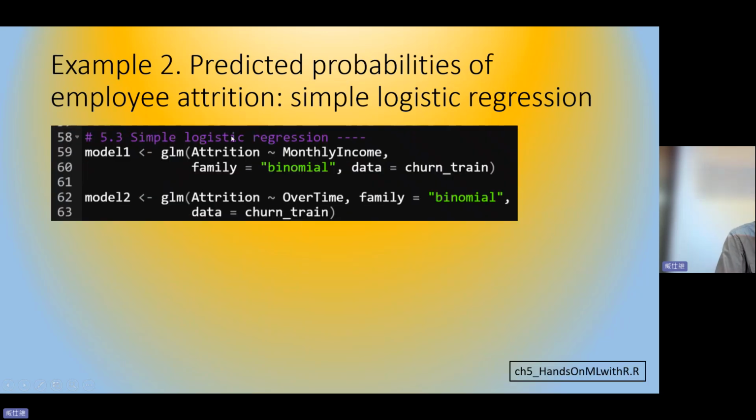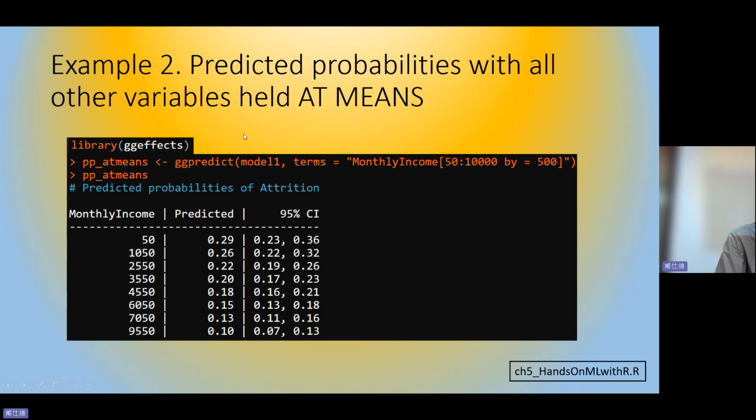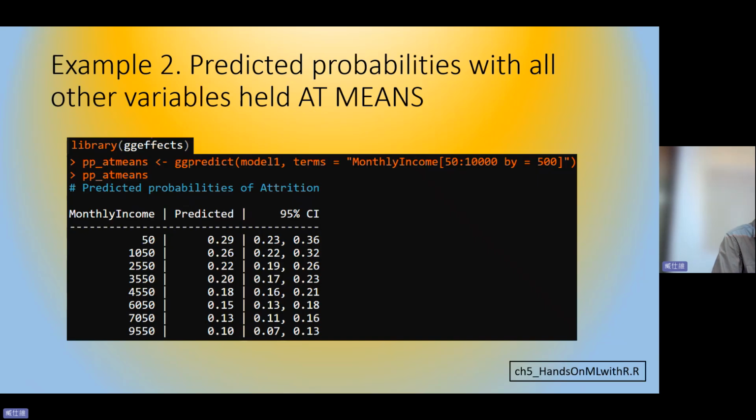Here's another example, to predict the probabilities of employee attrition. Down here are the examples of predicted probabilities with all other variables held at their means.